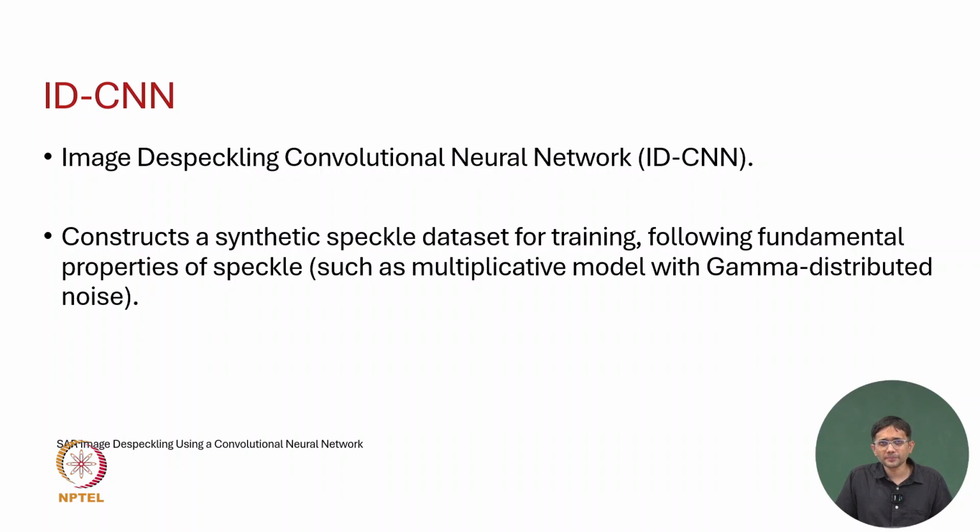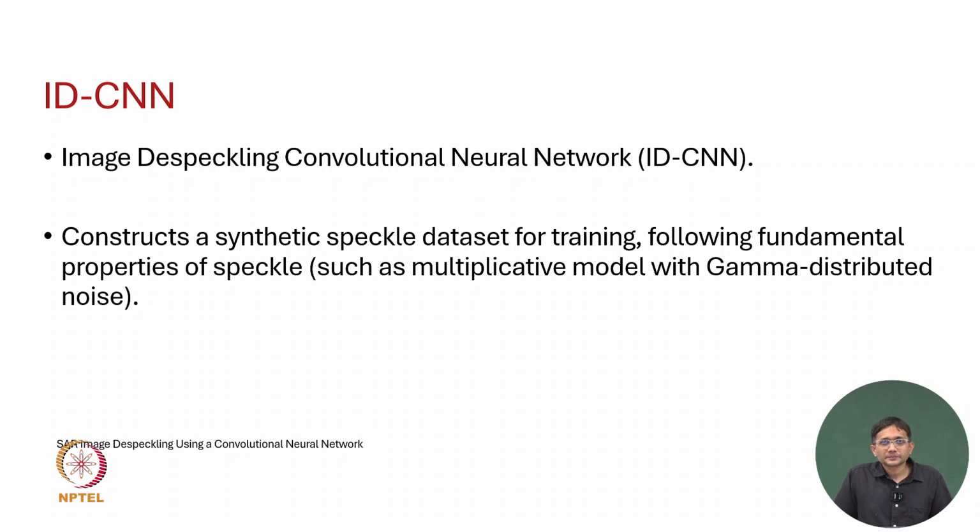With this, let us see a few specific examples. The first example that we are looking at is called IDCNN, Image Despeckling Convolutional Neural Network. So pretty straightforward name, right? It's proposed in the context of despeckling, so image despeckling, ID, and it's using CNN.